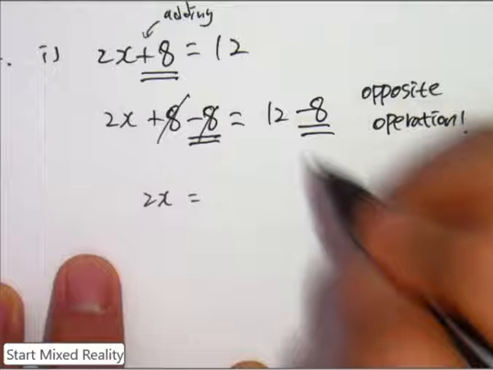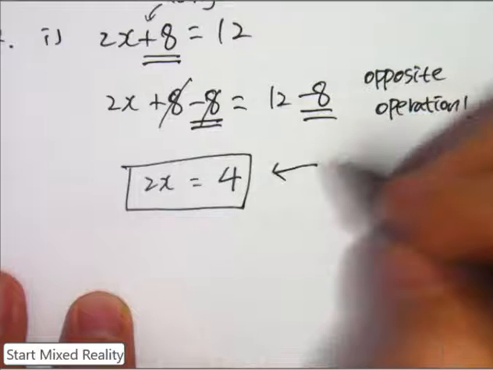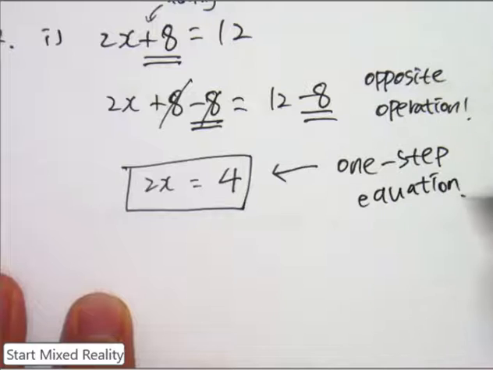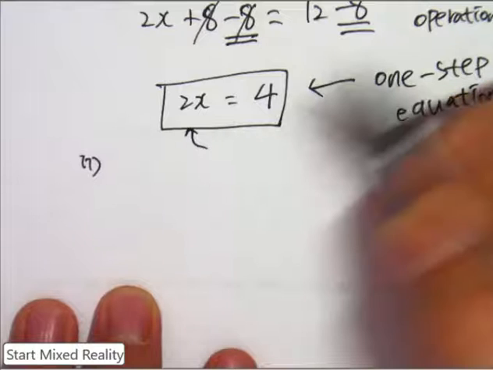Now, once you do this first step, you will always end up going into a one-step equation afterward. So have that in your mind. That's a fancy way of saying we have to do the opposite operation again, because right now, what's happening in between is my multiplication.